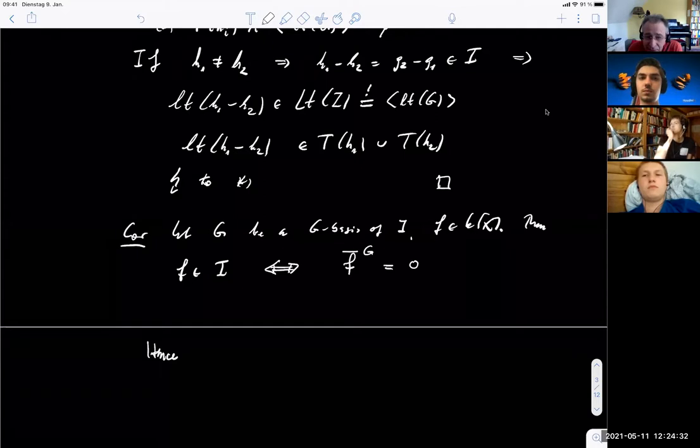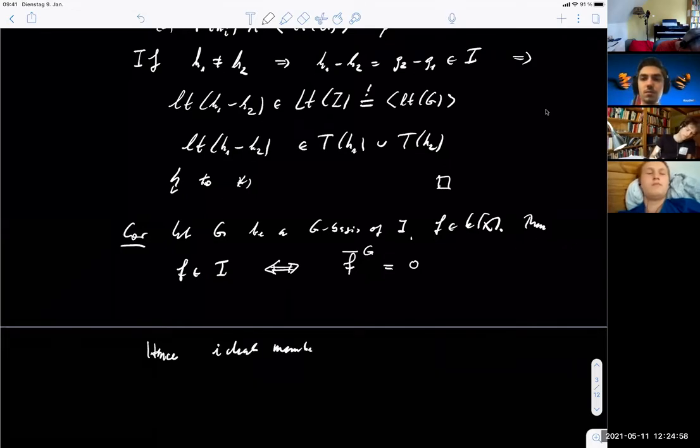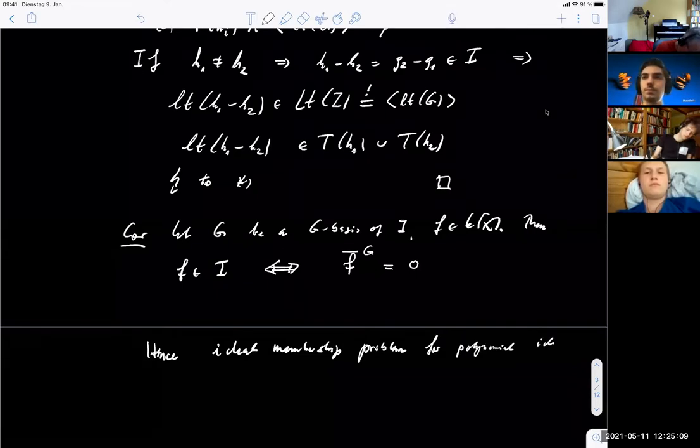Emmy Noether had a student, Grete Hermann, and she answered that in her PhD thesis. She not only showed that this is decidable, she even proved some bounds. But we are not discussing the bounds here, but I can say the ideal membership problem for polynomial ideals is decidable.